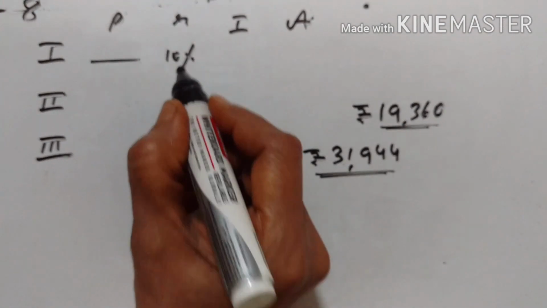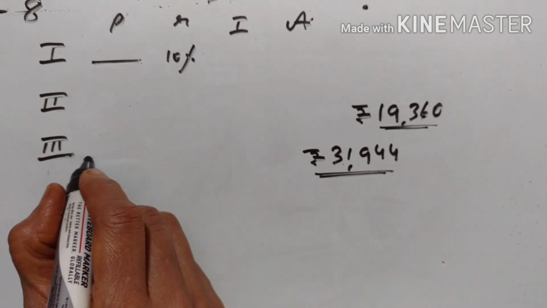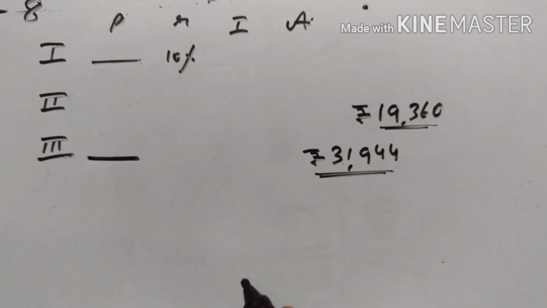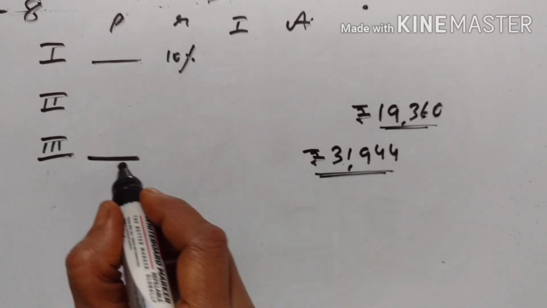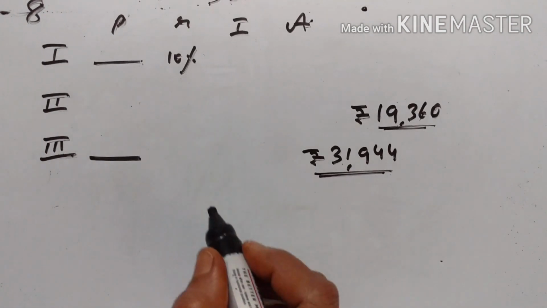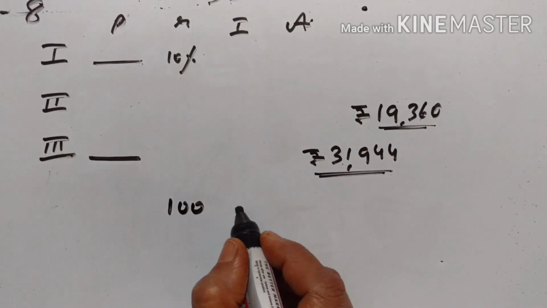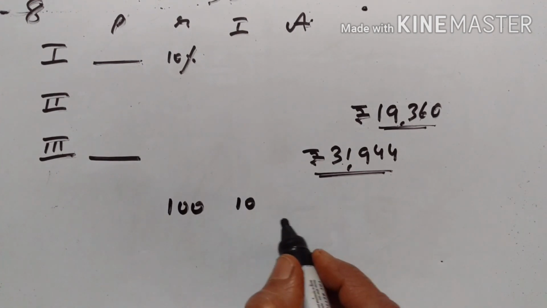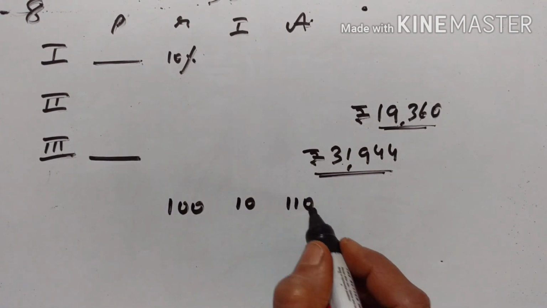So the rate is equal to 10%. Let us find out what is the money at the beginning of third year. This is the amount, then this is the principal. Rate is equal to 10%. When 100 is the principal, 10 is the rate, 110 is the amount.